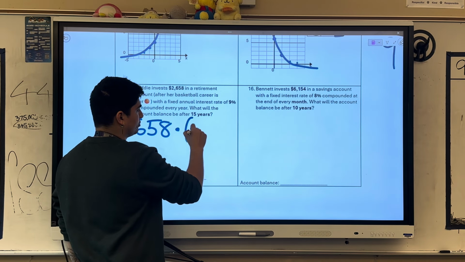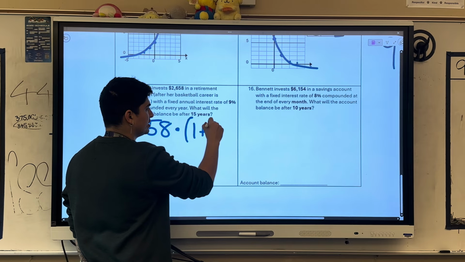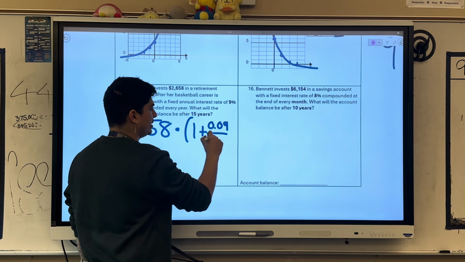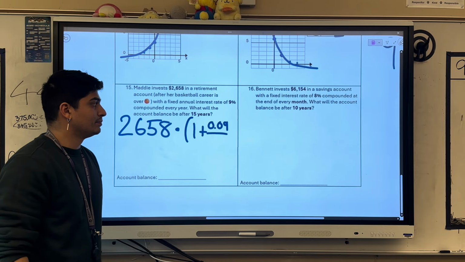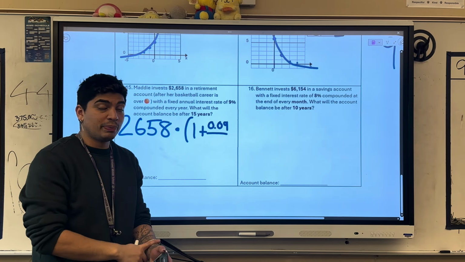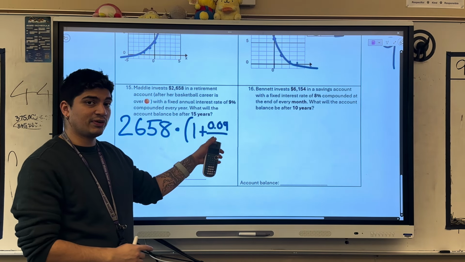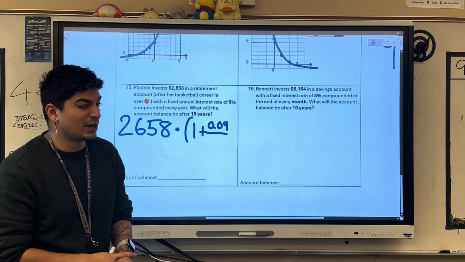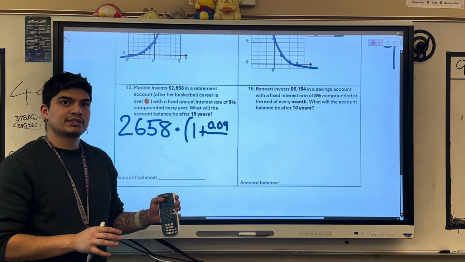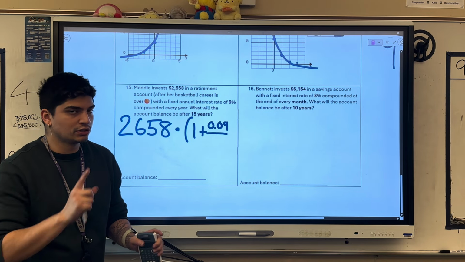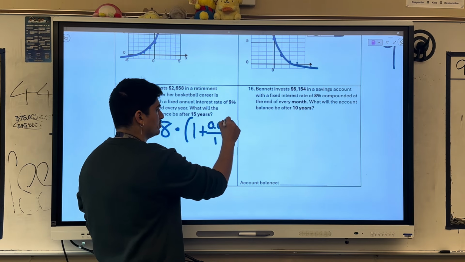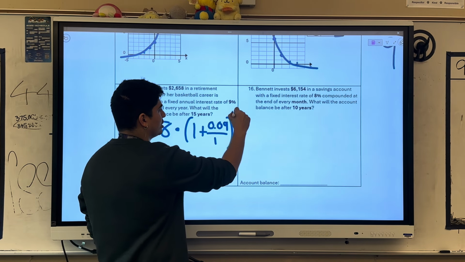Like in class we've been showing 1 plus 0.09 being divided by something. If it was compounded daily, you divide by 365. If it's compounding monthly, you divide by 12. It's compounding every year, just once, so it's being divided by 1, and it's to the power of 15.